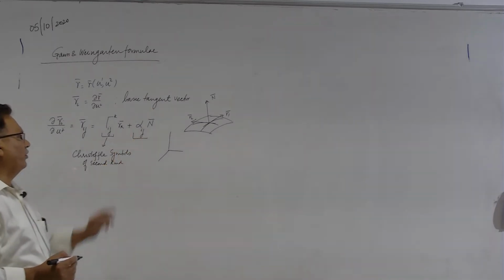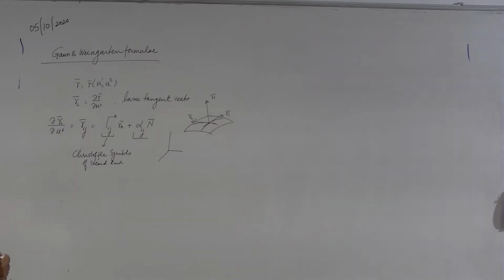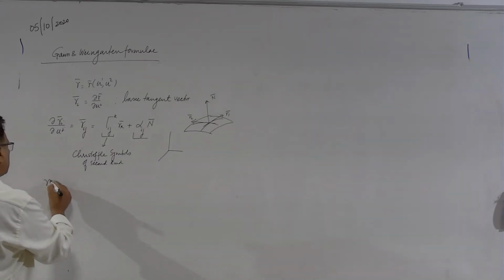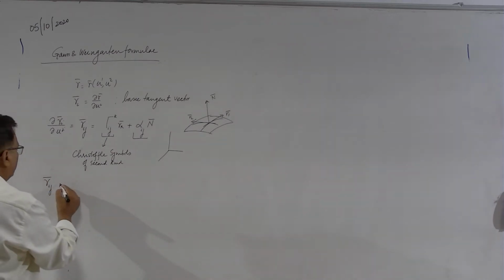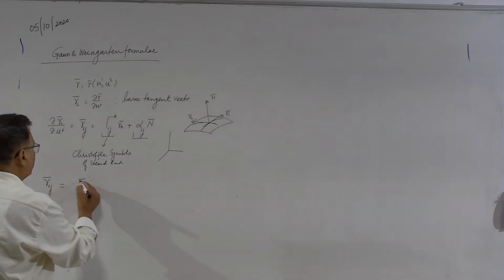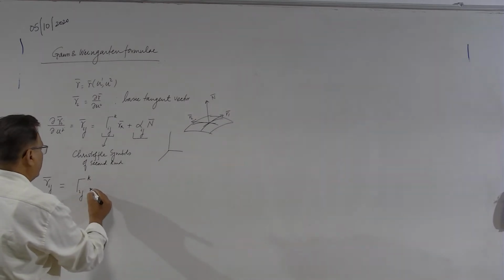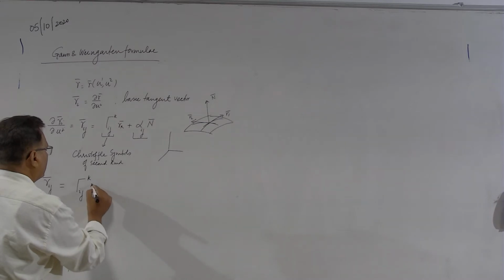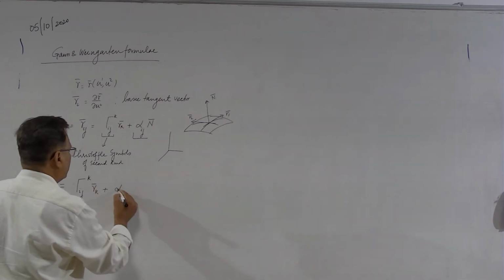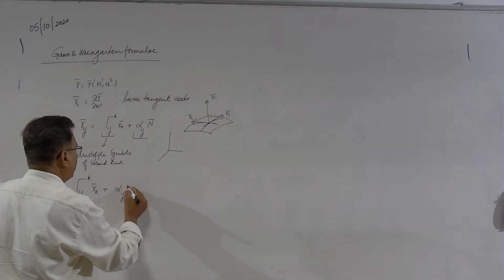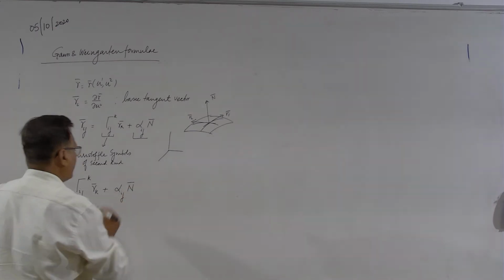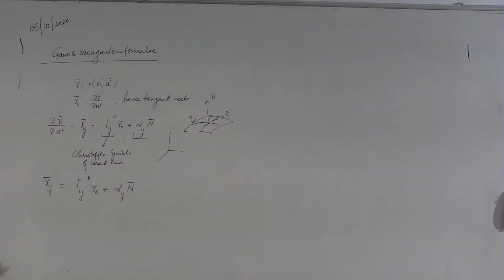Alpha_ij we do not know what it is, but we will determine it. So, we have the derivative of basic tangent vector, that is R_ij is some scalars gamma^k_ij into R_k plus some other coefficient alpha_ij into n. Let us see what the alpha_ij are.